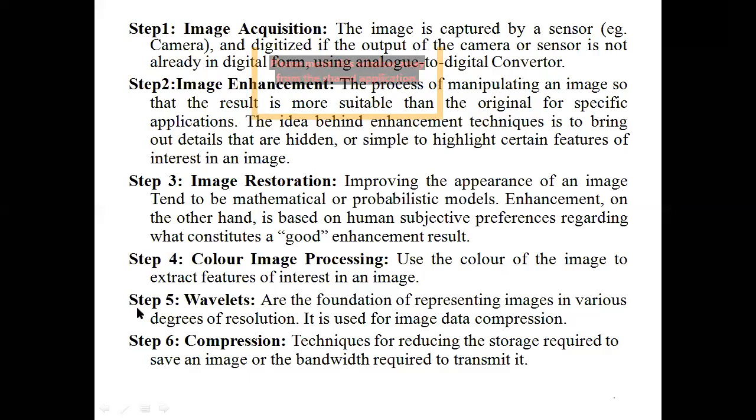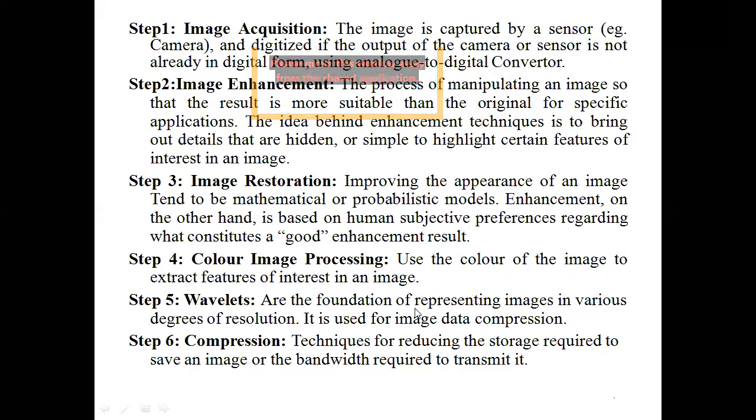Okay ma? Next, color image processing. Color image processing means using the color of the image to extract features of interest in an image. Based on the different colors, we know the image features. Next, wavelets.